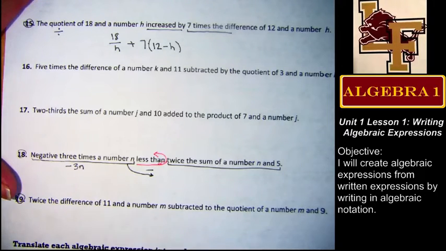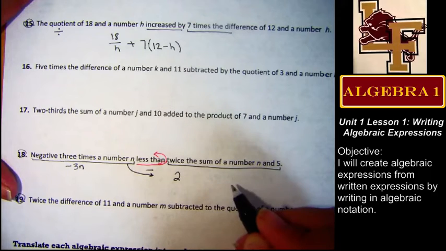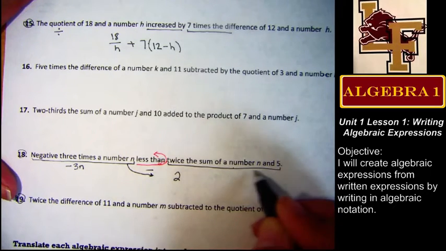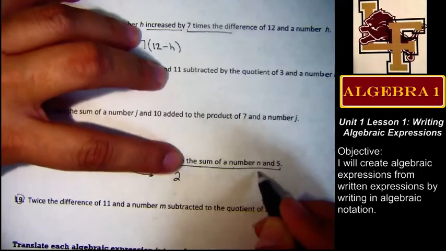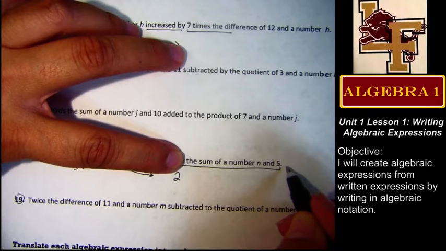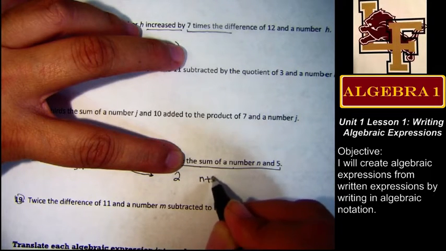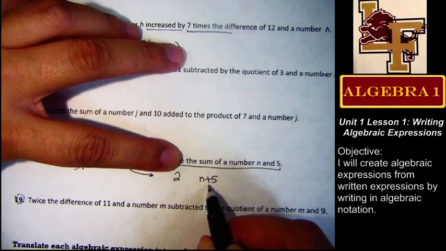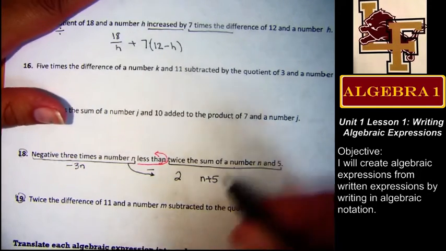Twice the sum of a number and 5. 2 plus x. No, I mean 2n. There's an n in here. But what's happening between the 2 and the sum of? I'm adding the n and the 5, you're right. So I'm going to have this. But what's happening between the 2 and this sum? Multiplying.